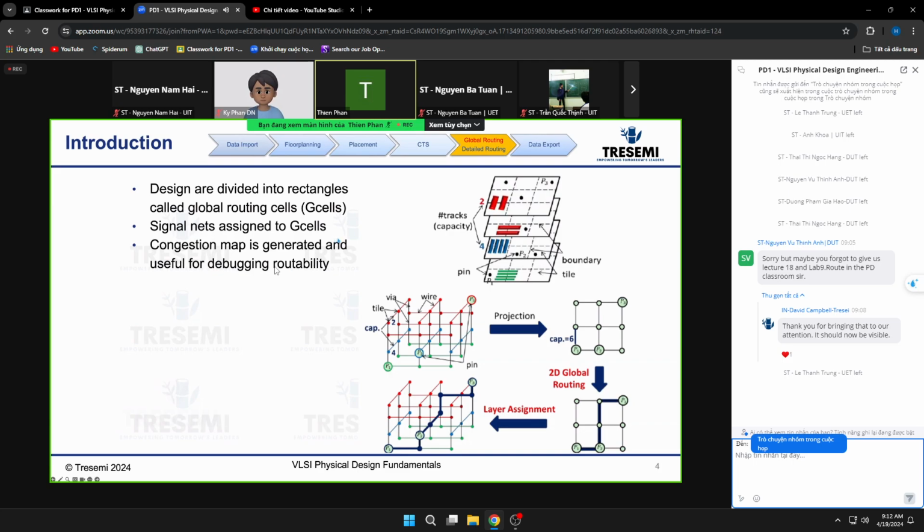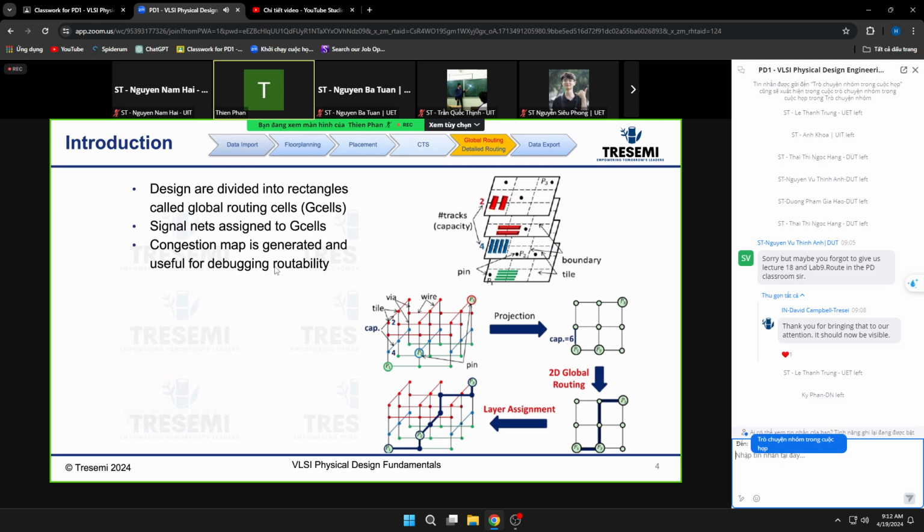And you see here, on M1, the capacity or the resource per G cell is 4, right? So we have 4 horizontal tracks here. And then M2, we have 4, and M3 and M4, we have 2, right? Because of the width.